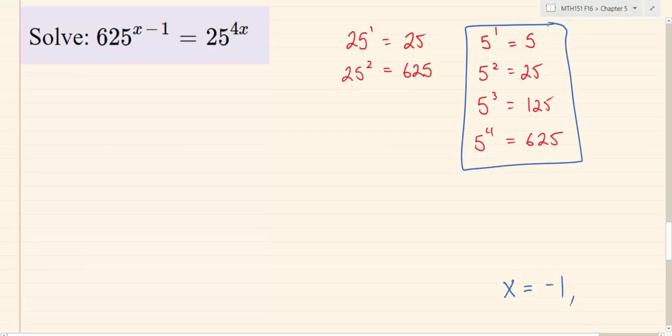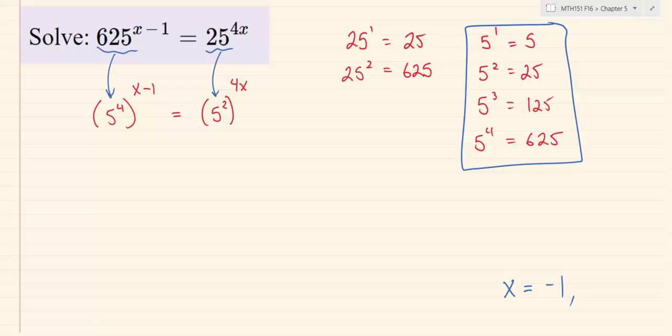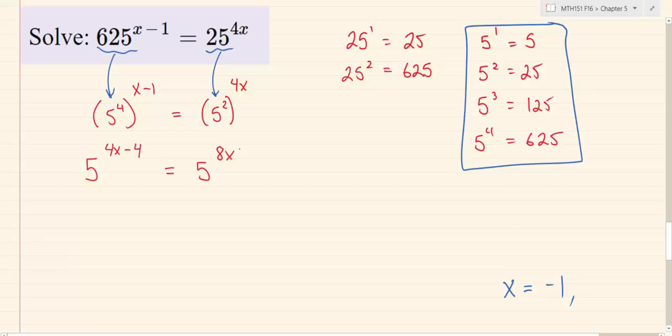So I'm going to use this table. And I'm just going to do a substitution. So I'm going to rewrite 625 as 5 to the fourth power to the x minus 1 equals, and I'm going to rewrite 25 as 5 squared to the 4x power. So we're going to use the power rule of exponents. And so this is going to be 5 to the 4x minus 4 power equals 5 to the 8x power.